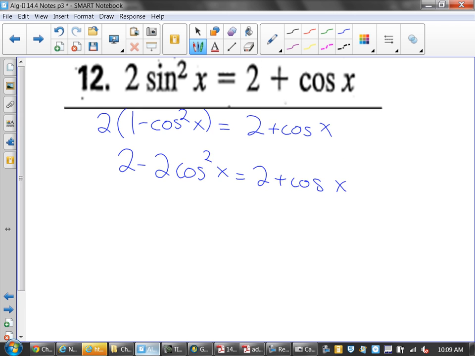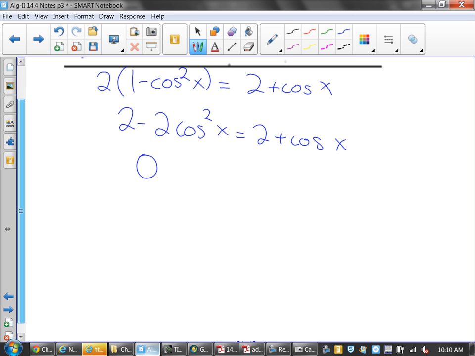So then you get 2 cosine squared plus cosine. That's when you were verifying. We're not verifying, we're solving. The plus 2 on both sides drop out and we subtract it. I add the 2 cosine squared to the other side. I wind up with the following.